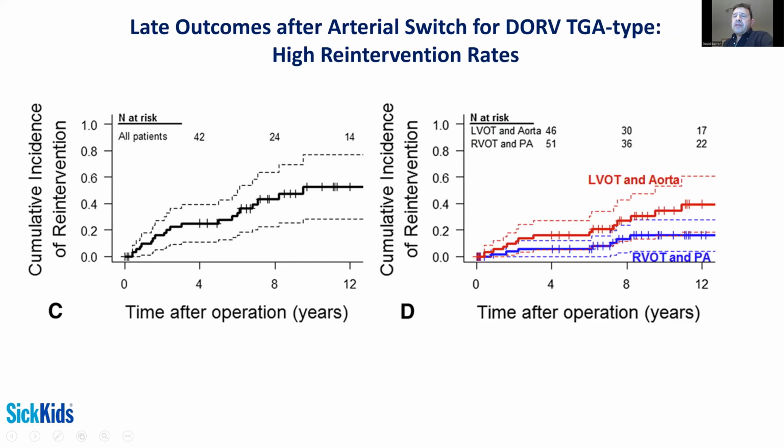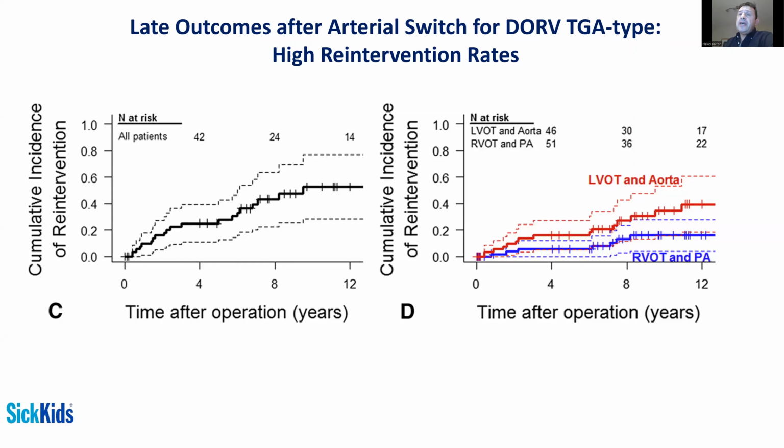Another feature, I think, of Taussig-Bing repair is that intervention rates are relatively high, for all the reasons we can understand, because the anatomy is so challenging. So an intervention can be on either the left or the right outflow tract.